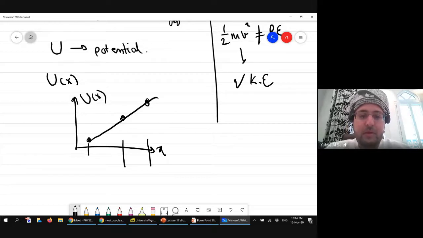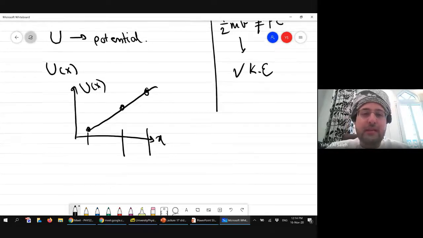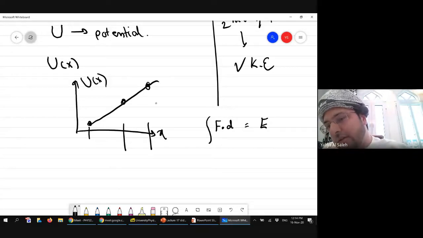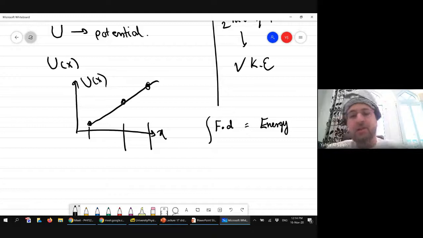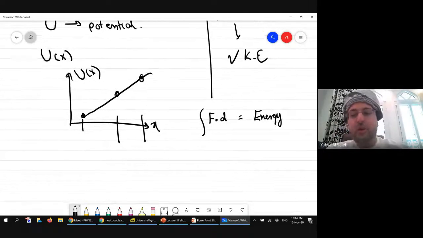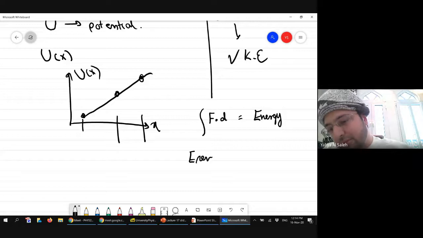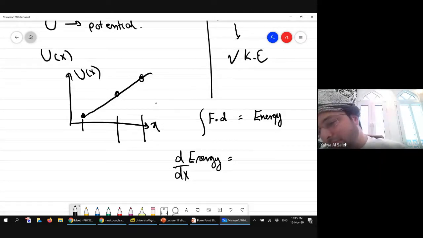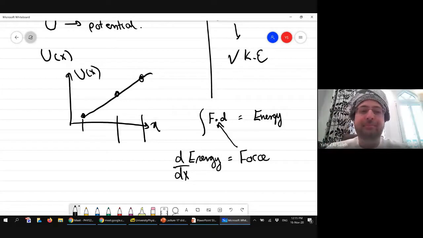How did we get energy? We said the integral of F dot D equals energy, right? So if I now take energy and do the reverse, so I do d by dx of energy, what do I get? Anyone? Excellent. I will go back to my initial position of having force.